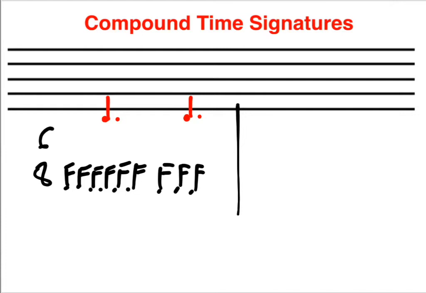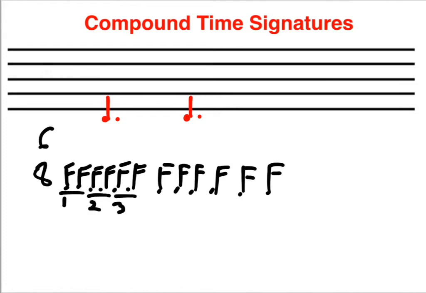I even need more room for this. So how would I group all that together? Okay, so that still equals up to 6/8 because there's your 1, 2, 3, 4, 5, 6. Okay, so it's still 6 quavers in this bar.